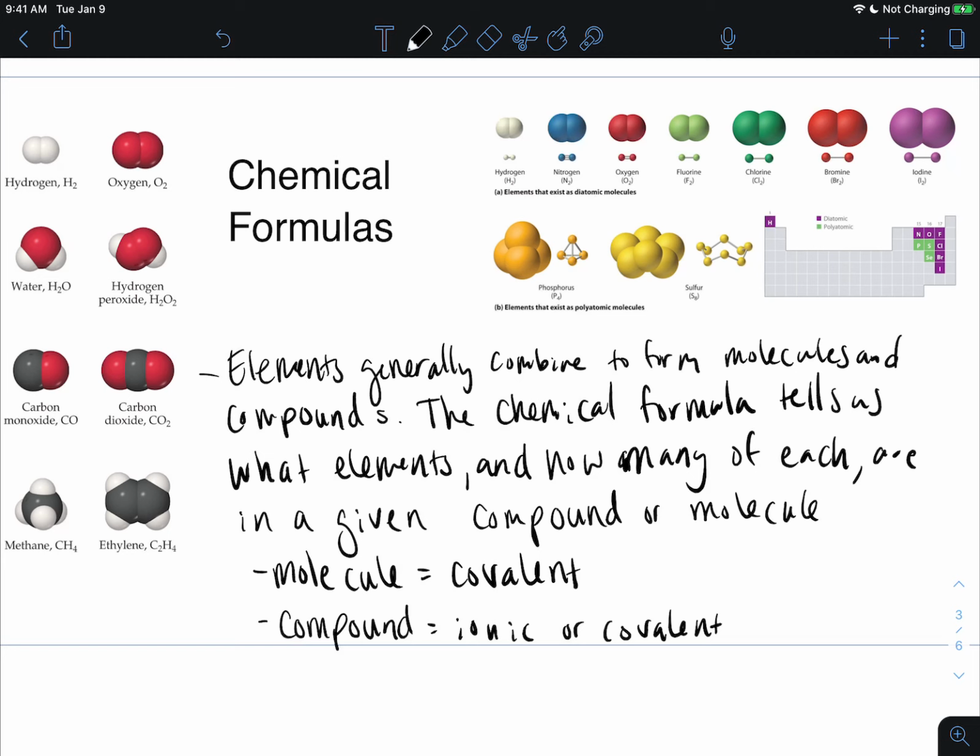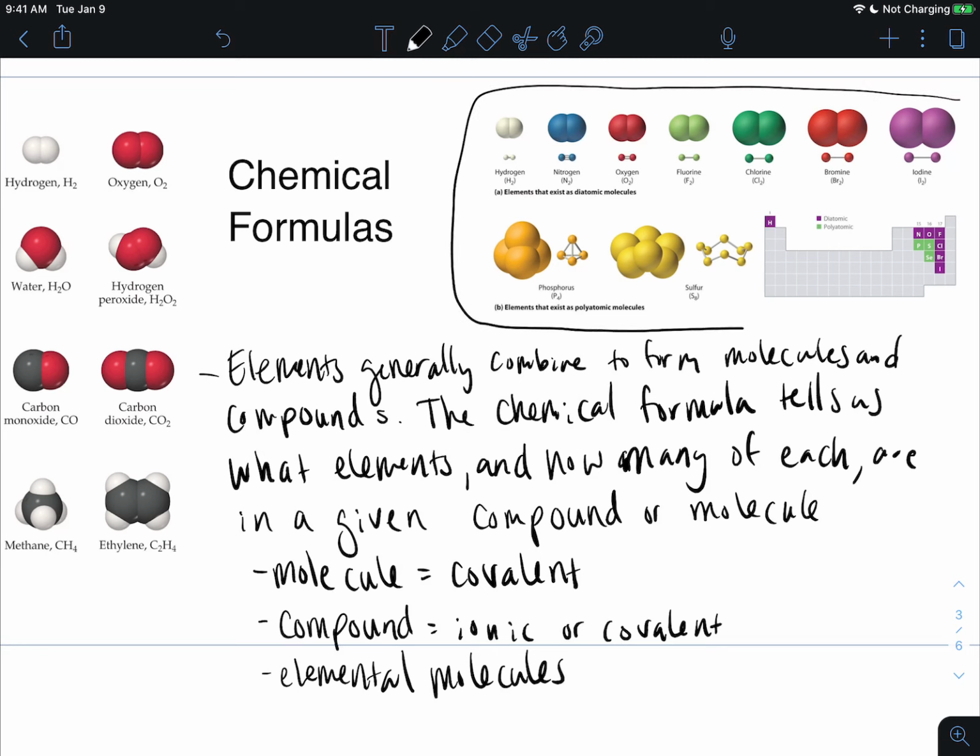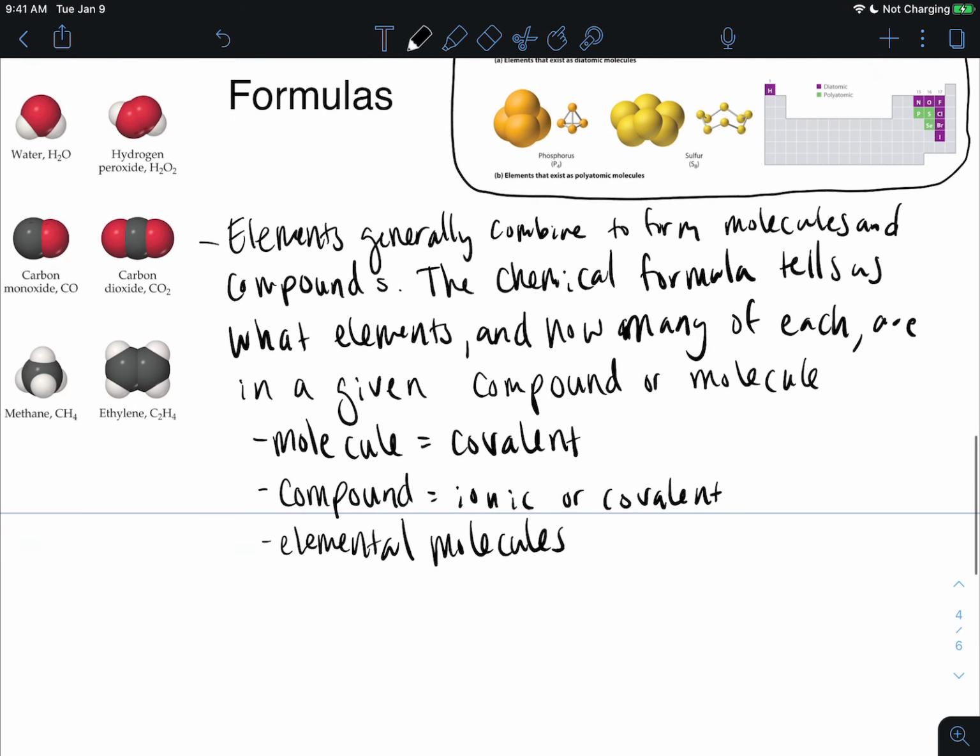So just as a note, we've talked about this already, but we have elemental molecules. And here are some examples of some elemental molecules that you should be familiar with. So we have diatomics.